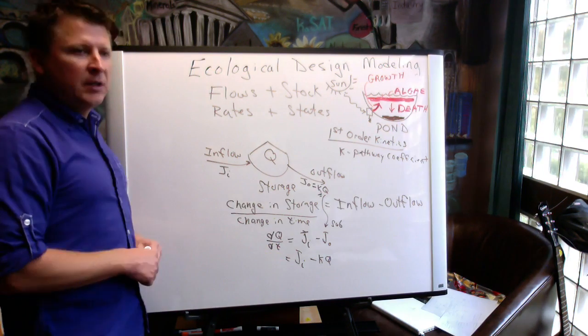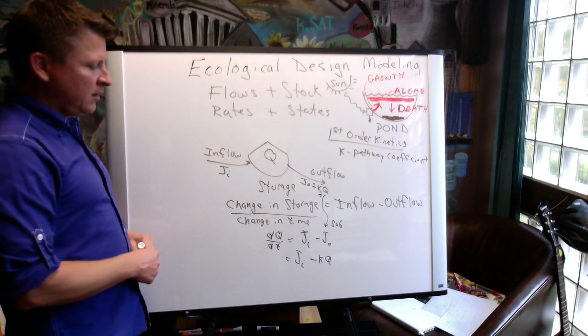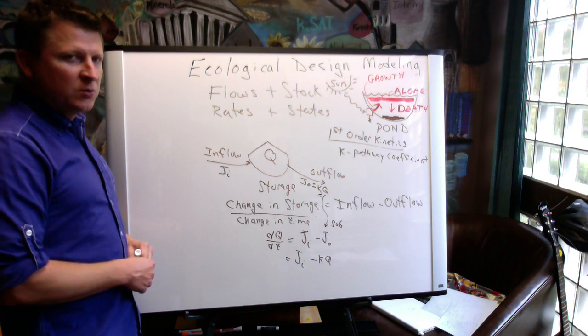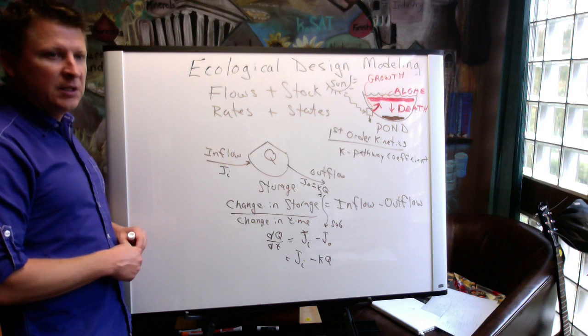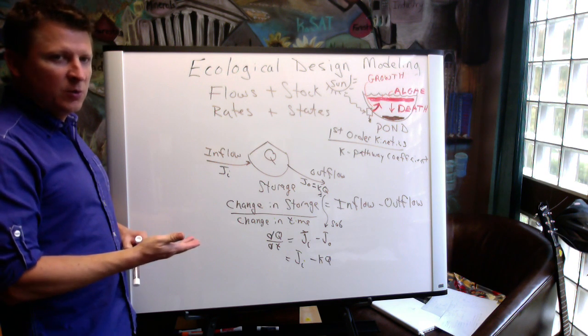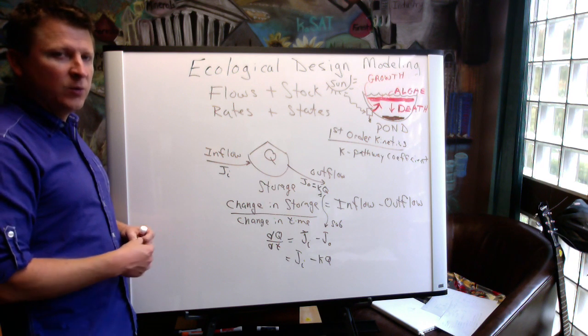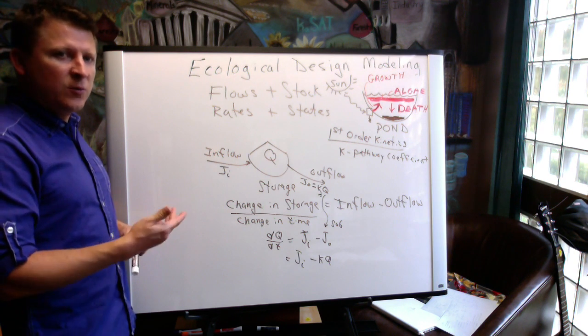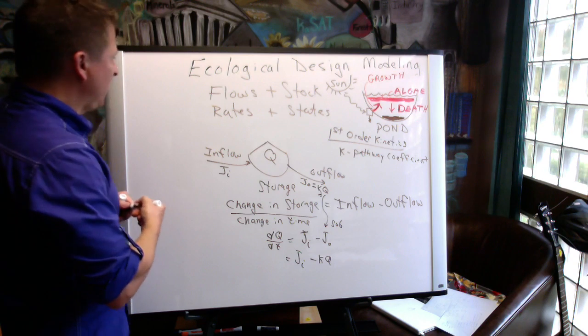Our next step is to take the equation for the change in Q, which we have here, dQ/dt, and add it to the previous value of Q, or the old value of Q, so that we can determine what the new value of Q is. So I'm going to write that up here.